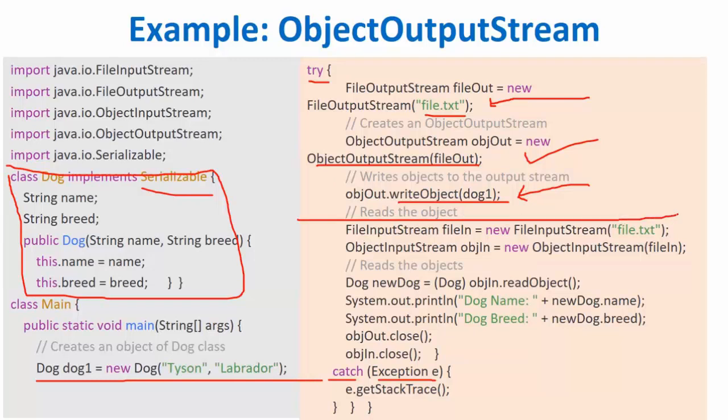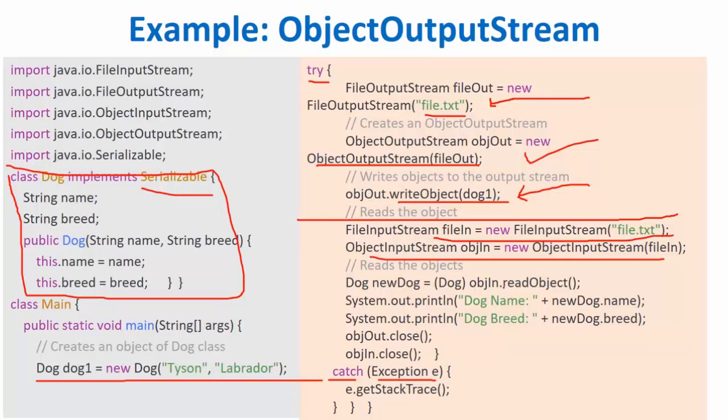How to read the object back? Of course, you're not going to do it in the same example, usually. But here, to make the example complete, you need a FileInputStream, new FileInputStream from the same file, and an ObjectInputStream based on the file input stream.